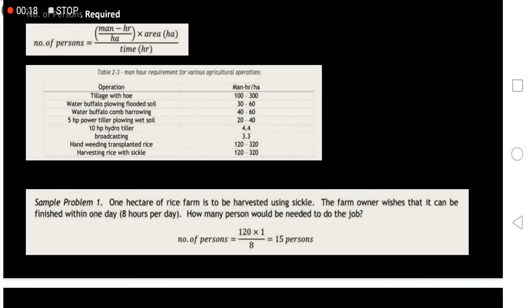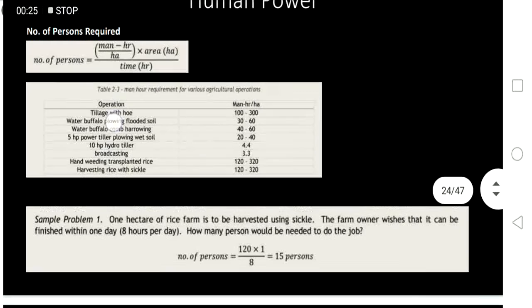You can then create base data like the one in Table 2.3, maybe a range or a specific man-hour per hectare value.